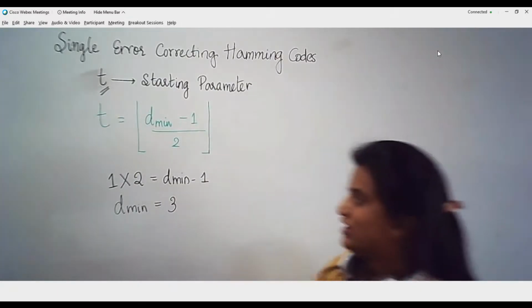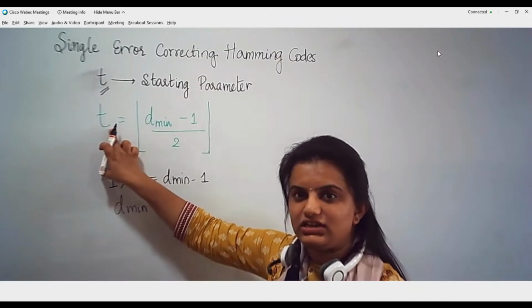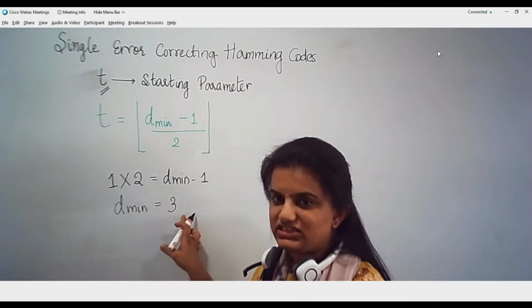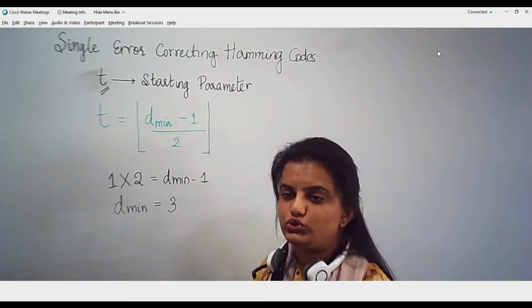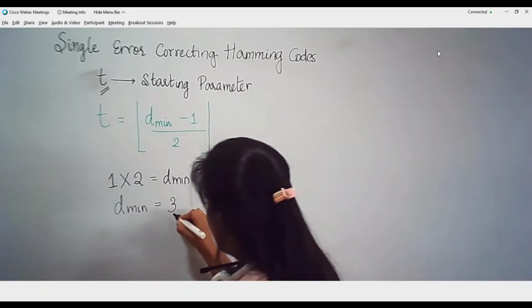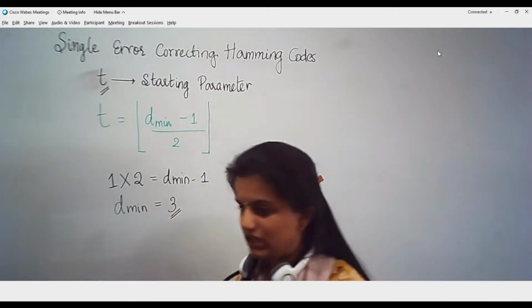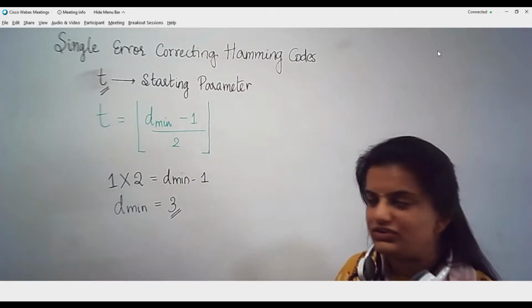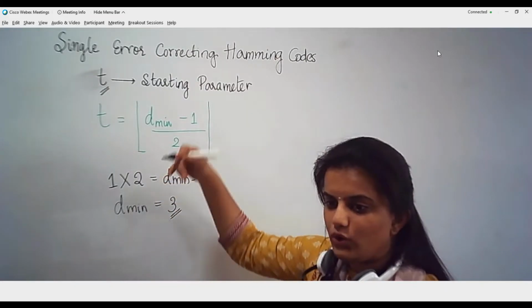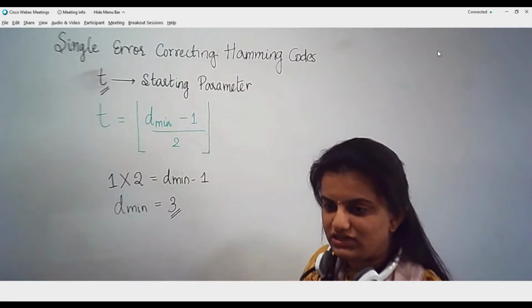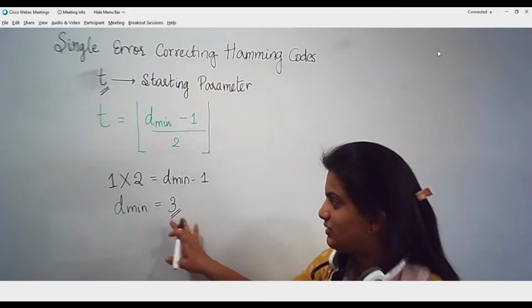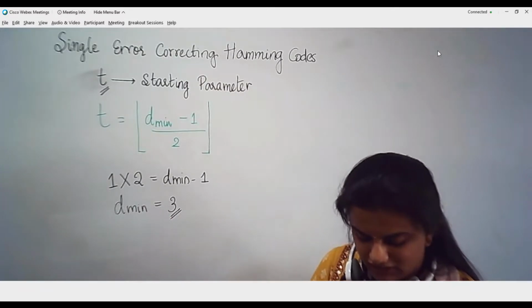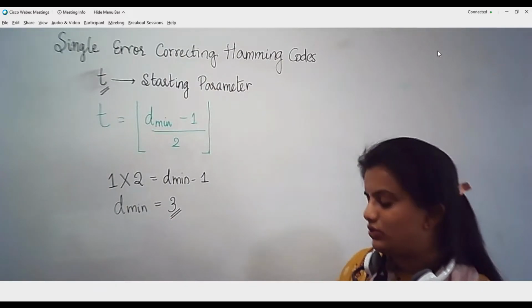So in order to correct a single bit error, the minimum Hamming distance between the two code vectors should be at least equal to 3. If it is less, it may not be able to correct the number of errors. Therefore dmin should be at least 3.